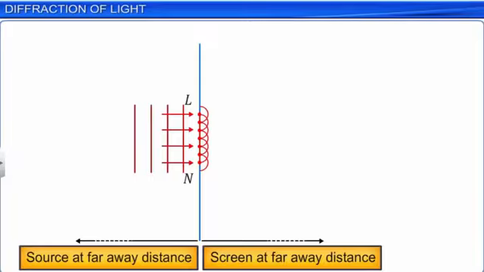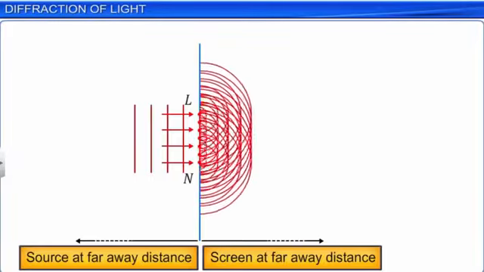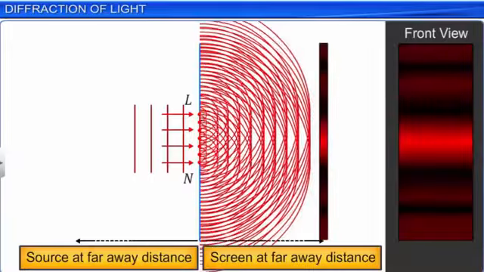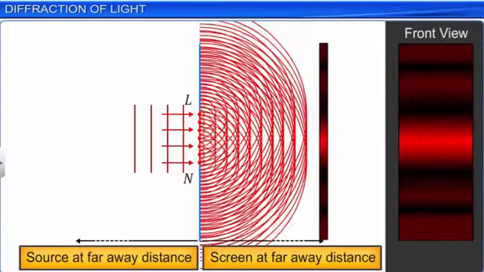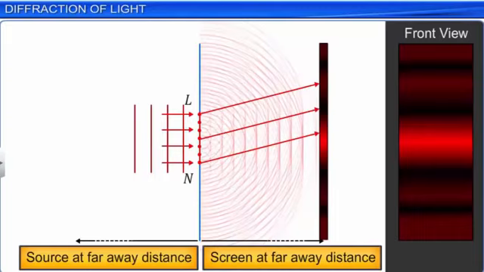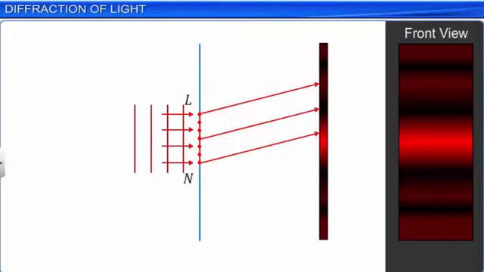The diffraction fringes formed on the screen are due to the interference of these secondary wavelets produced by a large number of point sources. Since the screen is at a faraway distance, we can regard the rays as parallel. The diffraction formed in such conditions is known as Fraunhofer diffraction.